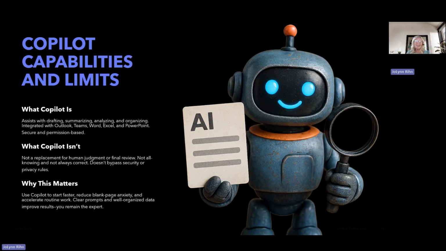Okay. What Copilot is not is a replacement for human judgment. We need to keep in mind that whatever Copilot generates for a prompt answer is not always going to be accurate, and it's not always going to be to the standards of your organization. So the system that knows everything and is always correct, that is what Copilot is not. And it's not a tool that's going to bypass security and privacy rules.